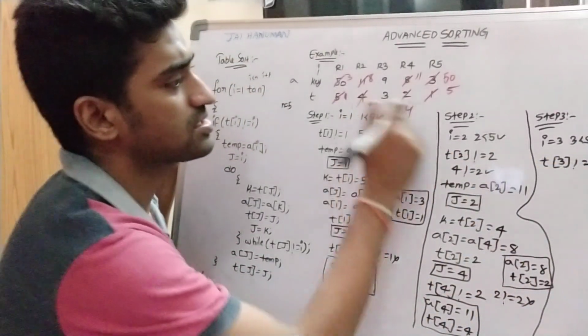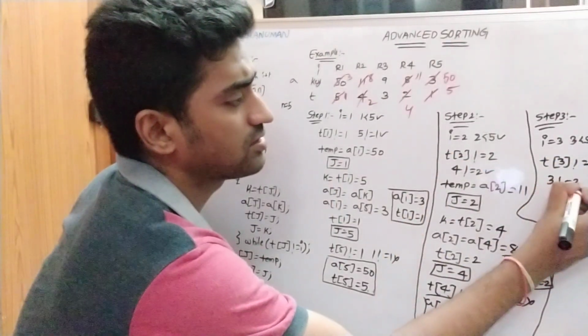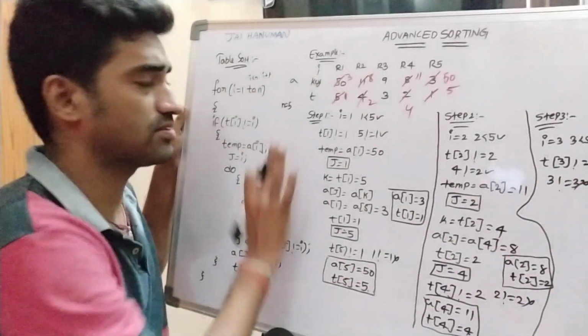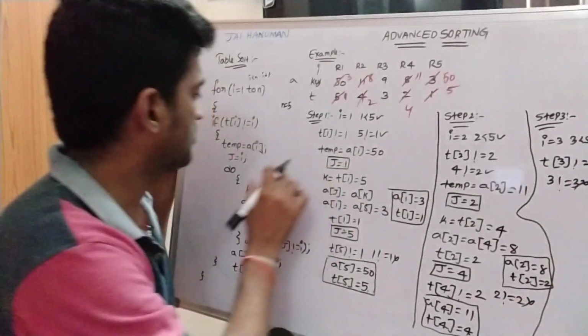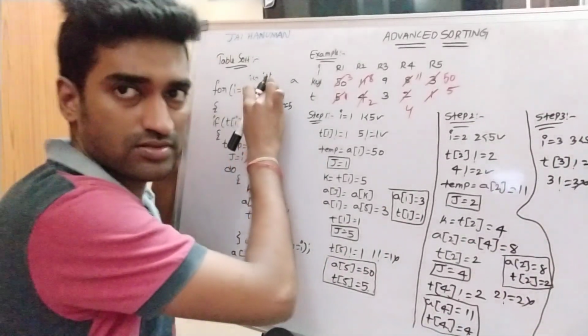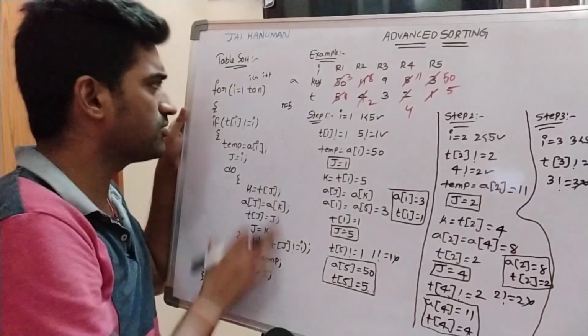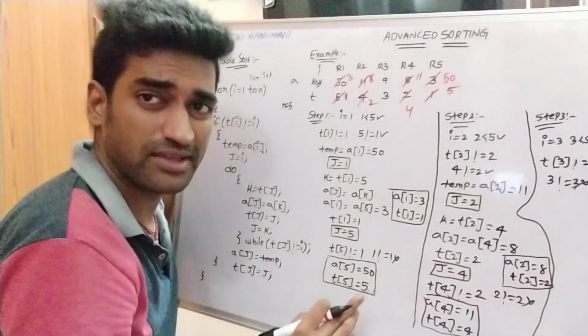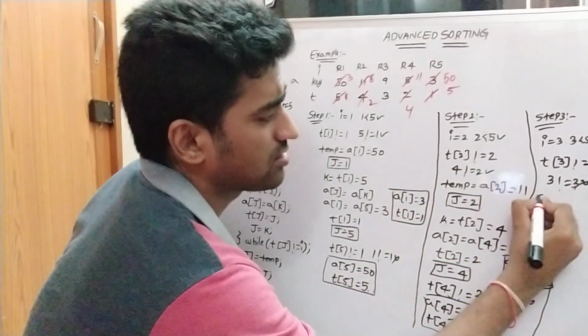So T of 3 is 3. So 3 not equal to 3. The condition is failure. So we need not execute these statements. Fine. So after completion of condition checking, the control will be passed to this one. Once this condition becomes true, then only we can execute these statements. Otherwise, we are not executing statements. Simply I is incremented by 1. Right. So go to step 4.